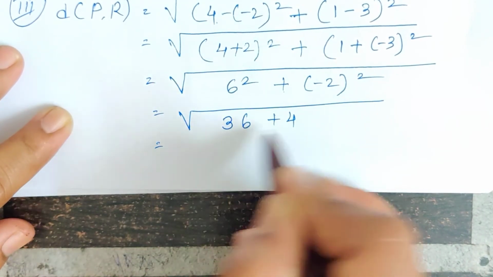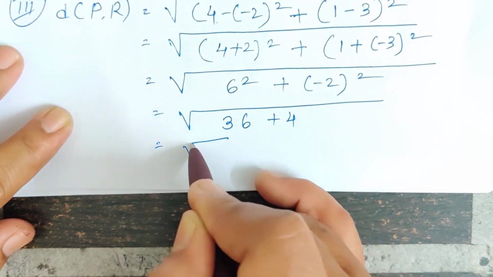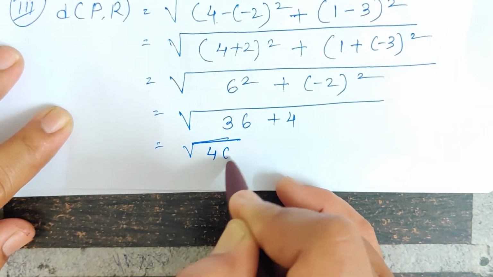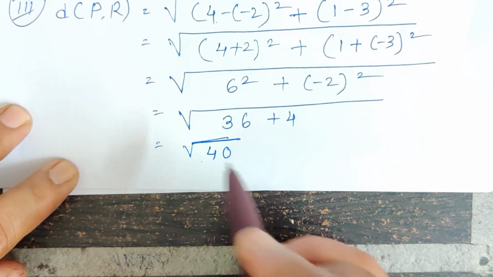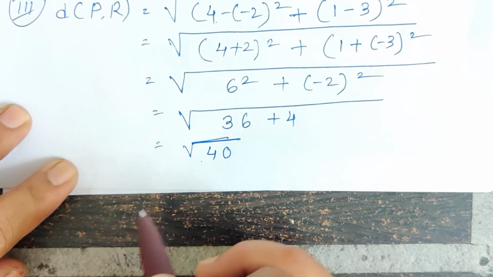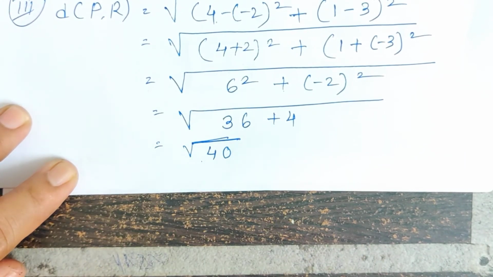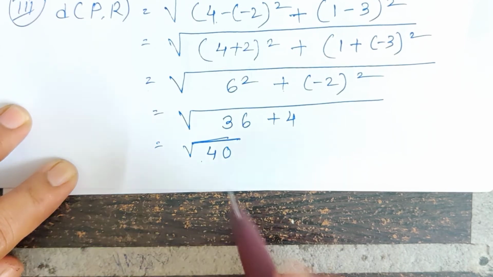So 36 plus 4 is equal to root 40. You can simplify this. Root 40, if you simplify, you will get 2 multiply by 2 multiply by 2 multiply by 5. That means 4 multiply by 10.